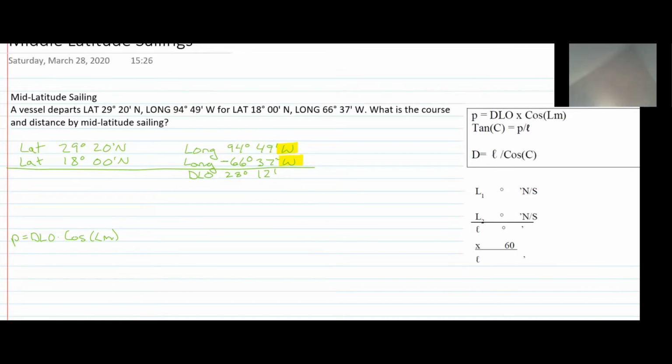And we'll do the same and find little l while we're working on these. We'll need little l later in the problem, and we'll also need it to find our middle latitude, which is the LM. LM stands for middle latitude.